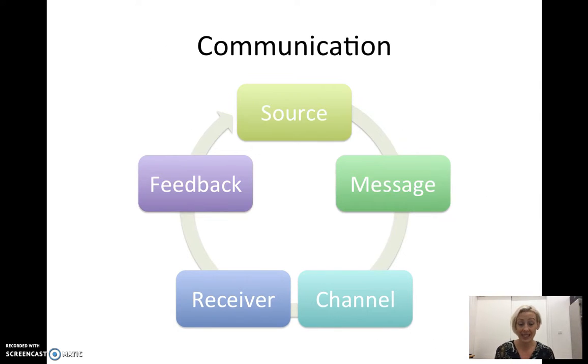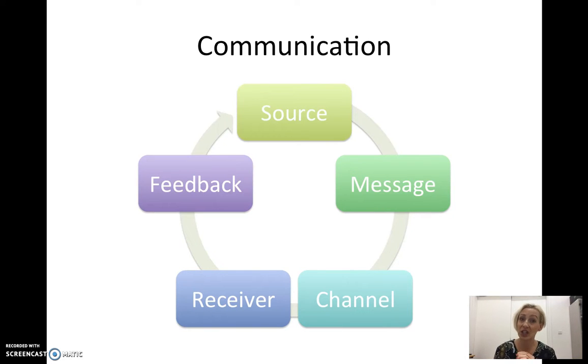So based on the SMCR model, we can come up with a diagram like this to illustrate every type of communication. It starts with the source. So if I am the source, I can send any message. I have to come up with the meaning I want to say or send, and then I have to find the symbol for it. And that symbol and meaning are the message.